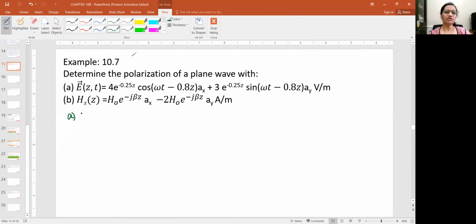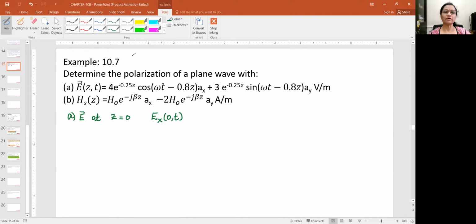So the first thing that we need to do is look at what the electric field is going to be at z equal to 0. At z equal to 0, let us find out how the electric field will look. Let us call the equation E of x at 0 comma t.